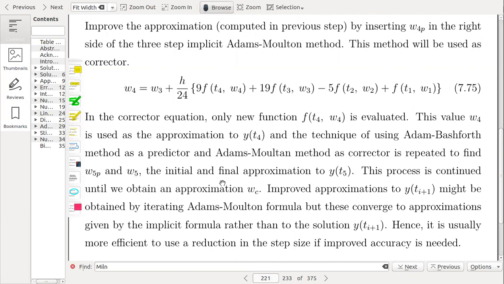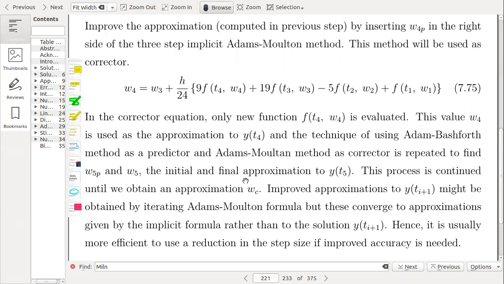So the initial and final approximation to y at T5. This process is continued until we obtain an approximation which we can say as WC, meaning the corrector values.